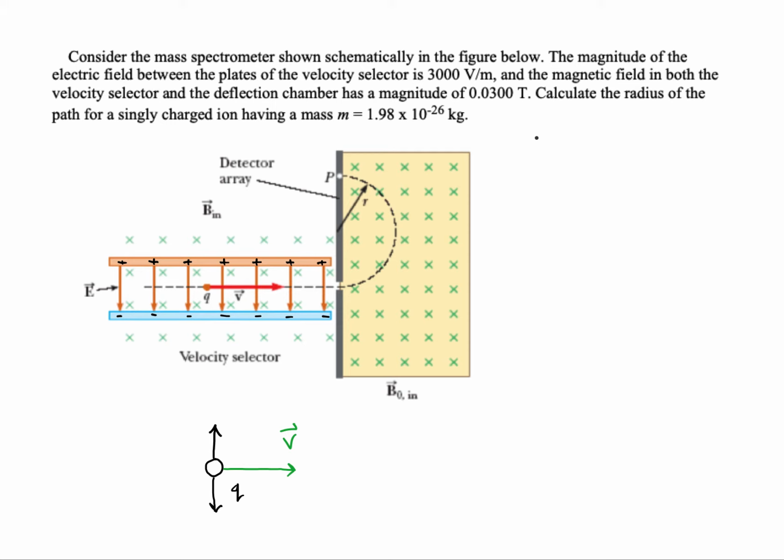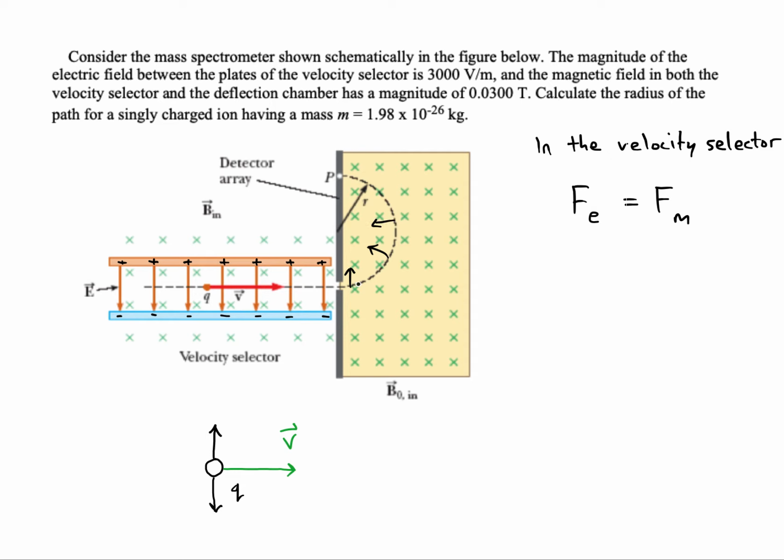So let's assume that in the velocity selector, the strength of the electric force equals the strength of the magnetic force. Once the particle gets to the outside, though, now we can tell the direction of the magnetic force.